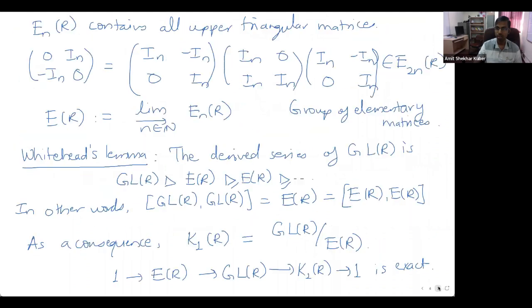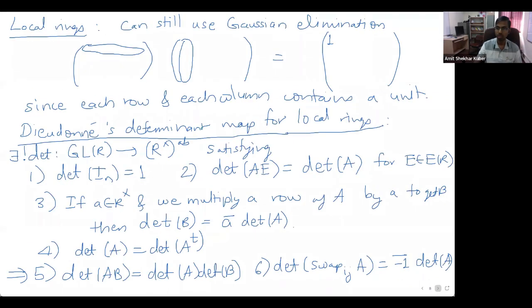Relative K1 is no different from relative K0. So as before, we start with a two-sided ideal I.